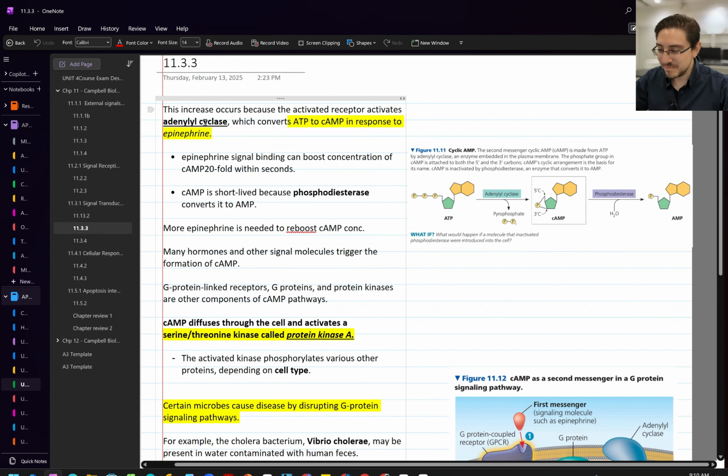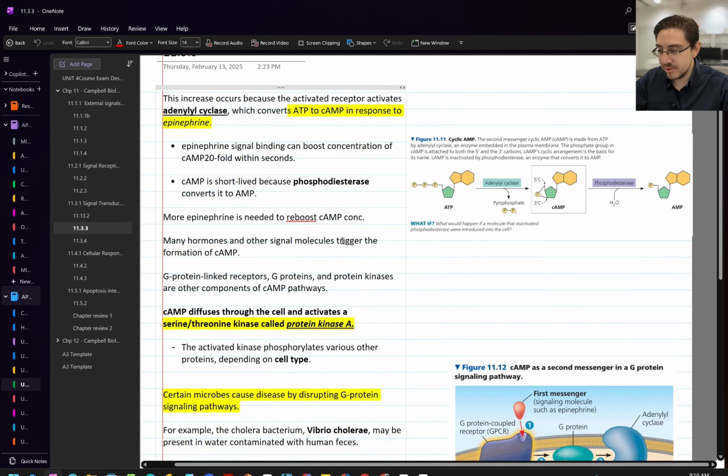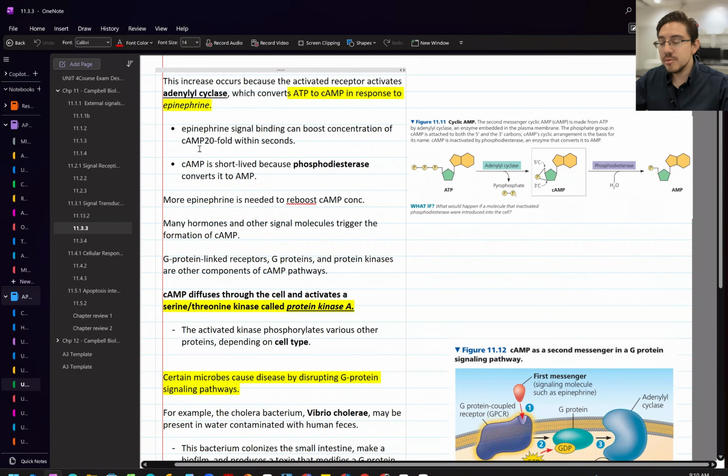Sorry about the pronunciation there. This is an enzyme that will convert ATP into cyclic AMP, cAMP, in response to epinephrine. So every time you have an epinephrine signal, this will boost cyclic AMP 20-fold within seconds.